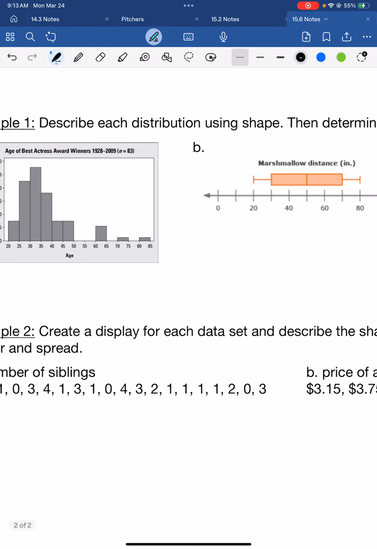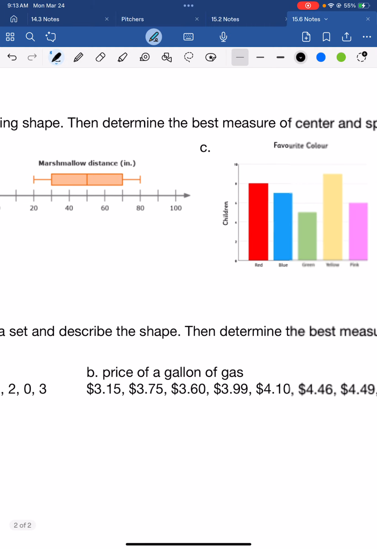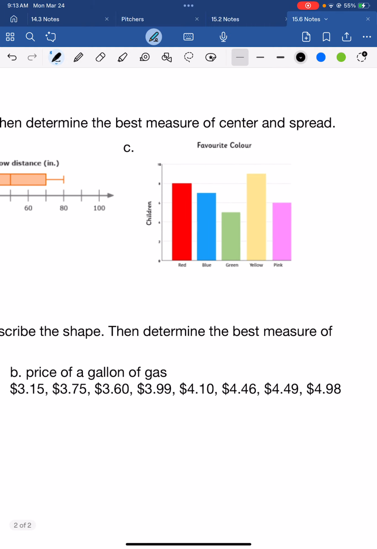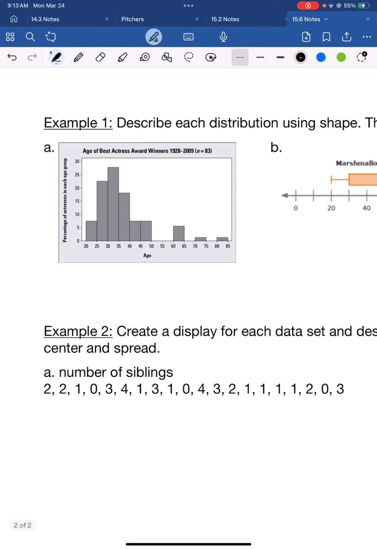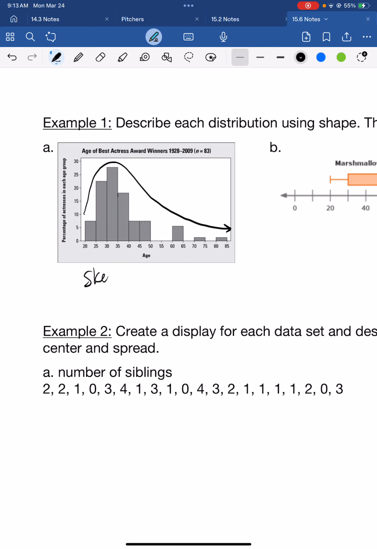It says, describe each distribution using shape, then determine the best measure of center and spread. So this data right here, we draw our little line over it, and we have these data points way out here. Most of our data is over here, but we do have a couple of data points out here. This obviously would be skewed to the right.